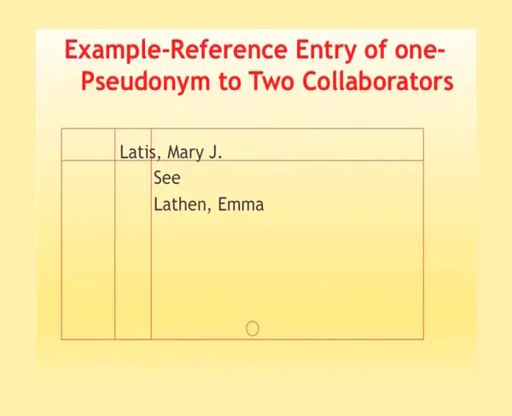You have to make reference entry for Lattice, Mary J., and reference entry from original name to pseudonym, because main entry is prepared under pseudonym. So, here the first reference entry is for Lattice, Mary J., see Latin, Emma, and the second reference entry is for Hanisart, Martha, and that is again referred to Latin, Emma.